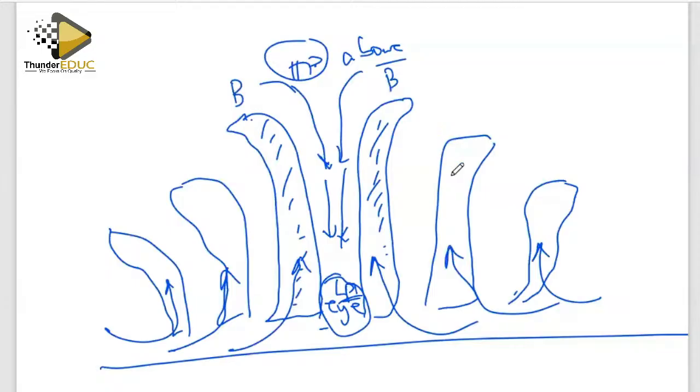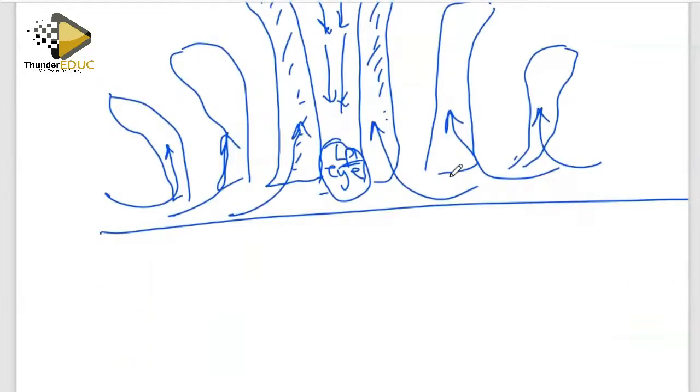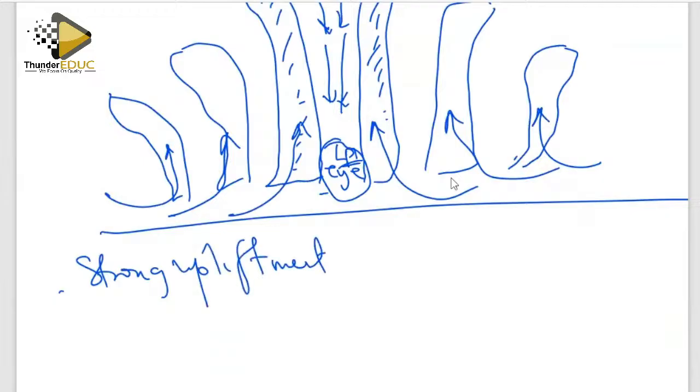Why is it that we have dense clouds close to the eye of the weather system? One reason is that there's strong upliftment of warm air close to the eye.